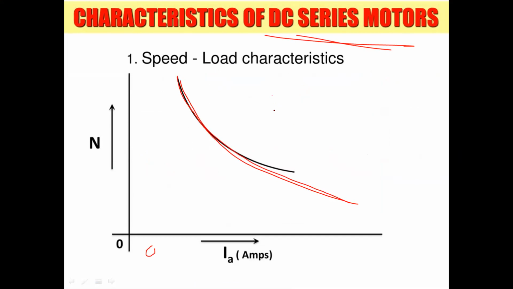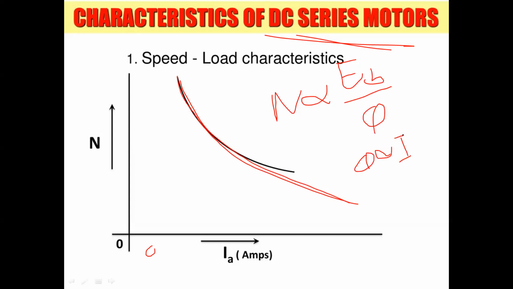Speed is proportional to back EMF by flux. In a series motor, flux is proportional to armature current. That means speed is inversely proportional to armature current Ia.